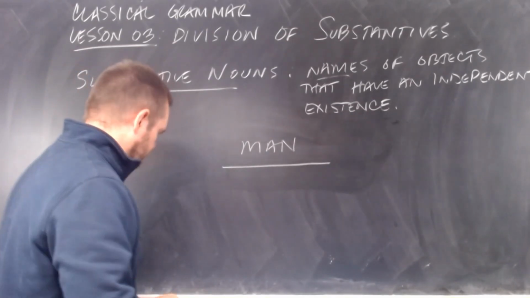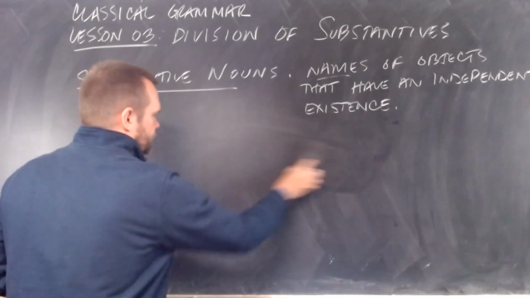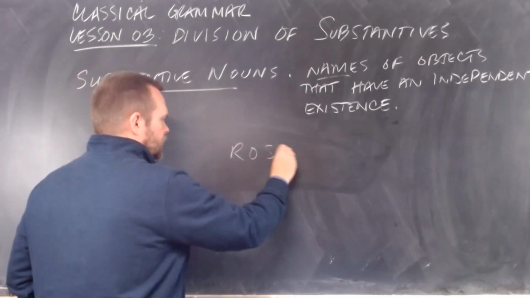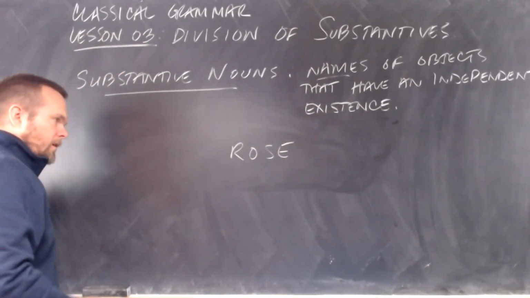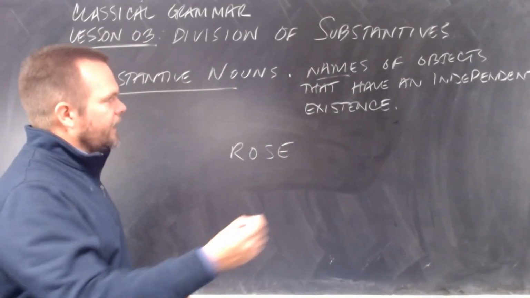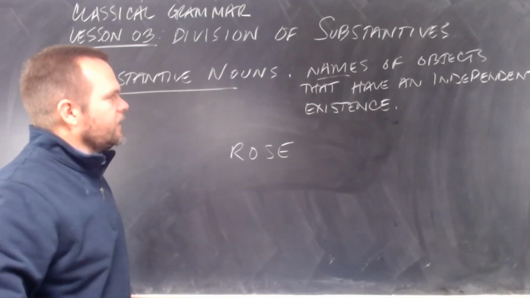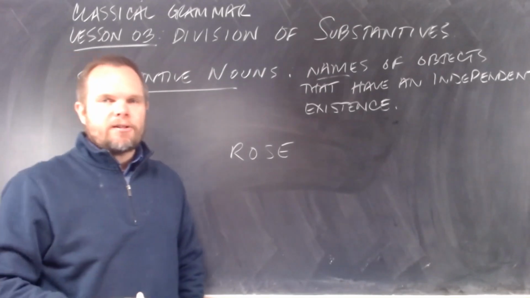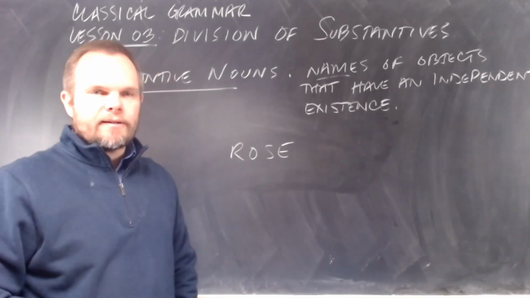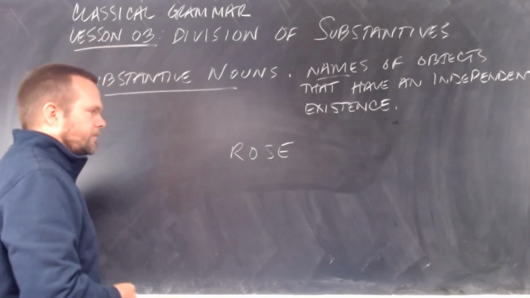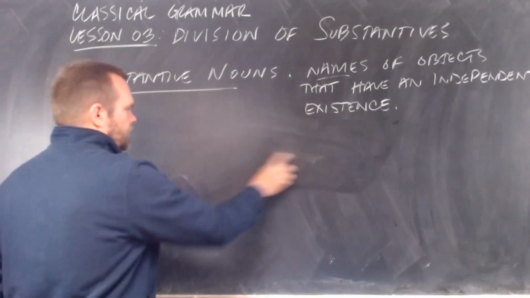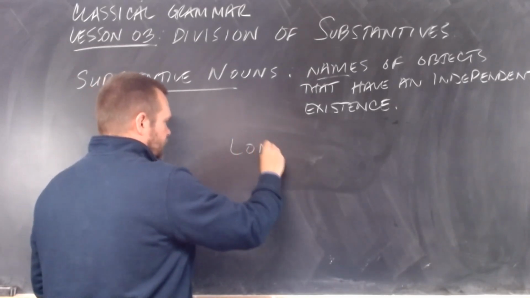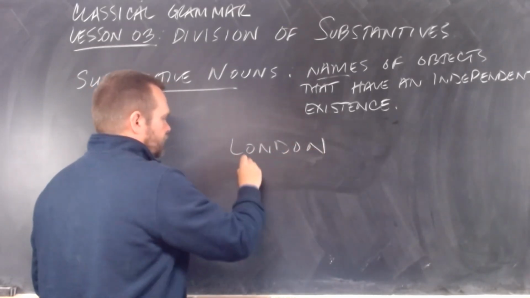Okay? Our book gives us some examples. Rose is a substantive noun. It names a thing. It names an object that has an independent existence. It can stand by itself in speech or in our minds and make sense. The name of a city, London or Paris or Rome.